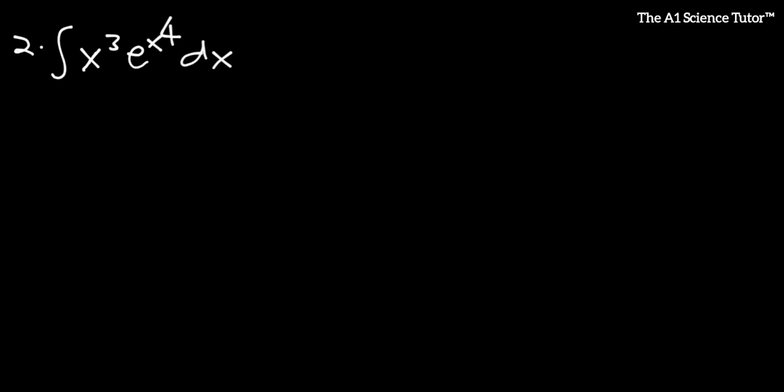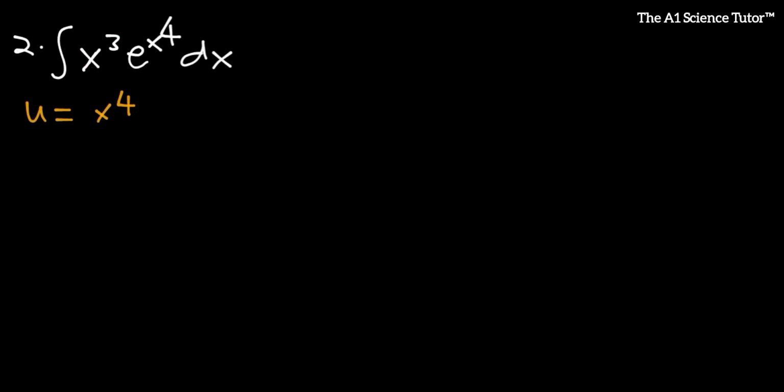What do I have to do over here? Should I take x to the third or x to the fourth? Obviously, we're actually dealing with u-substitution here. So we want to make x to the fourth as u. And that is basically because we have it as a higher power as compared to x cubed.